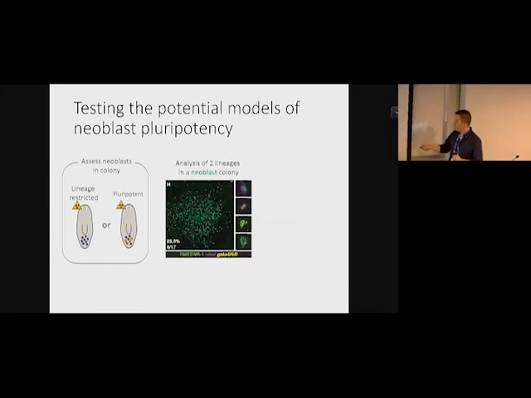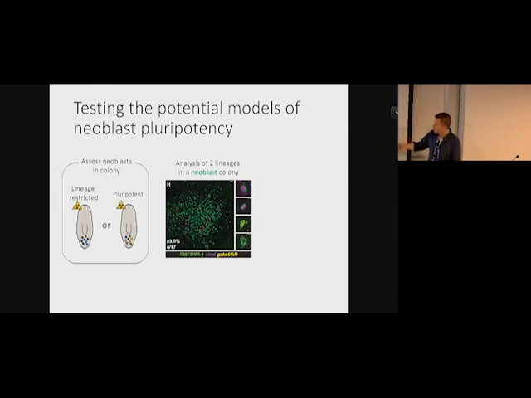And this is from a 2011 paper that shows a colony. In green is the stem cell marker, and in these blow-ups you can see co-expression, here in magenta and here in yellow, of two markers.